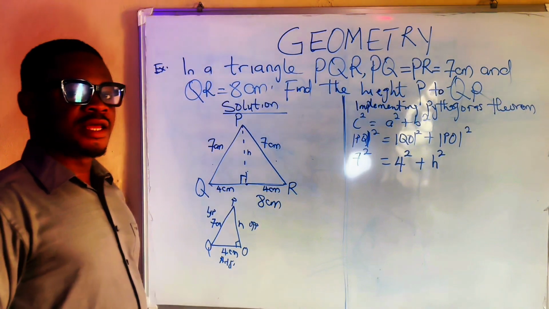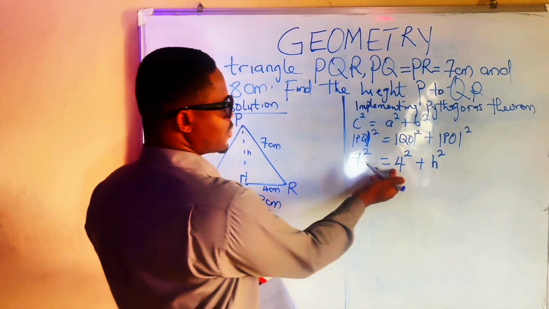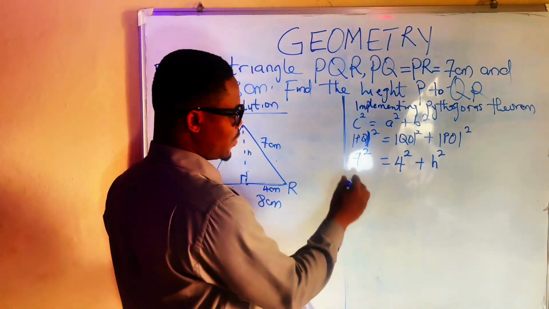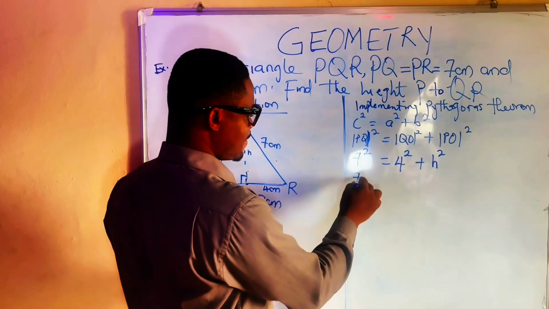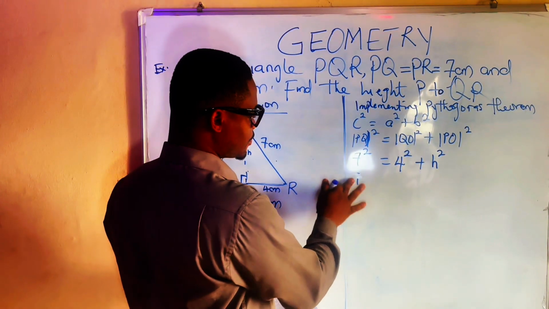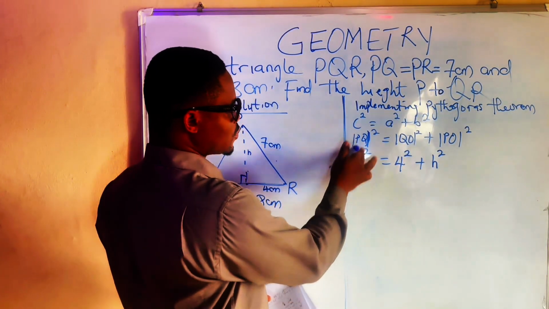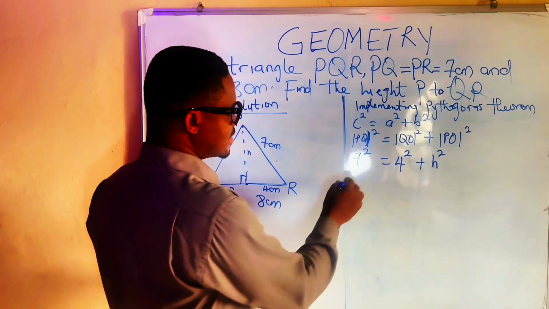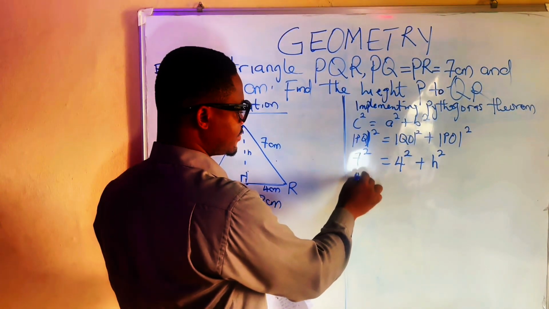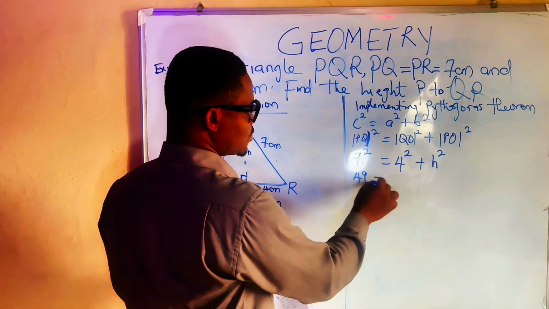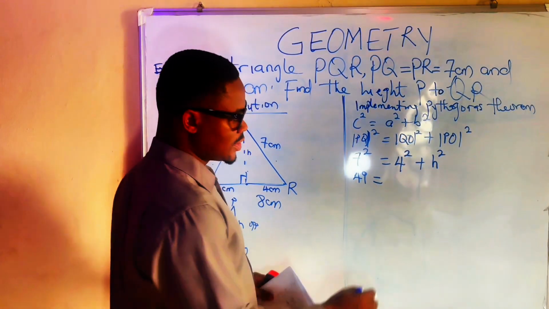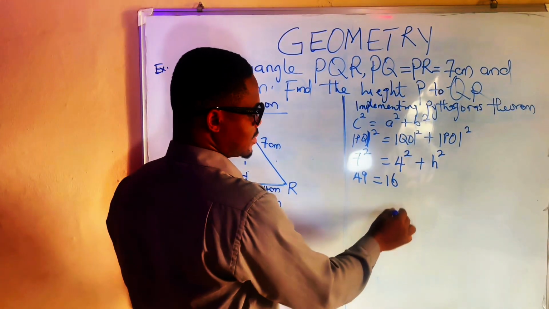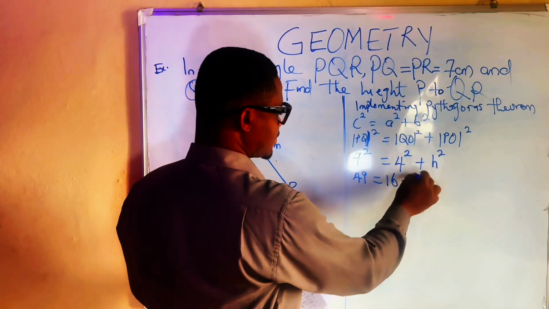So if we collect like terms, we have 7 squared. What is the value of 7 squared? It is 49. And this is equal to, 4 squared is equal to what? 16 plus h squared.